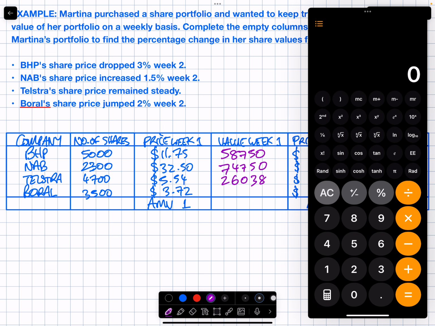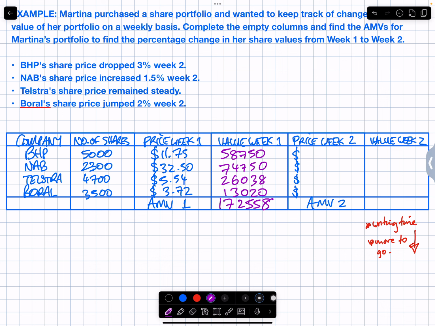And there's 3,500 at $3.72, 13,020. So the aggregate market value of all this is going to be 26,038 plus 74,750 plus 58,750, 172,558 is the total value worth of the shares in week 1 in this index.